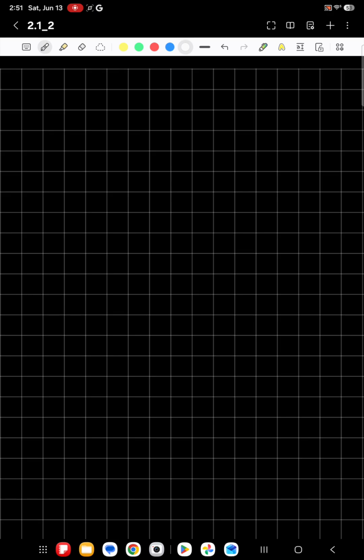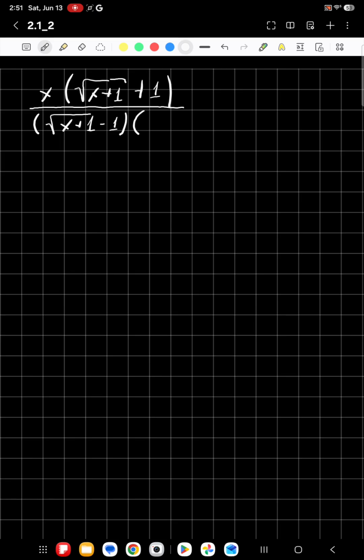I'm not going to write the limit, but the limit is in front of that expression. So I have x, and I multiply it by the square root of x plus 1, and then plus 1. And then the bottom is the square root of x plus 1 minus 1, and I'm multiplying it by the square root of x plus 1 plus 1.